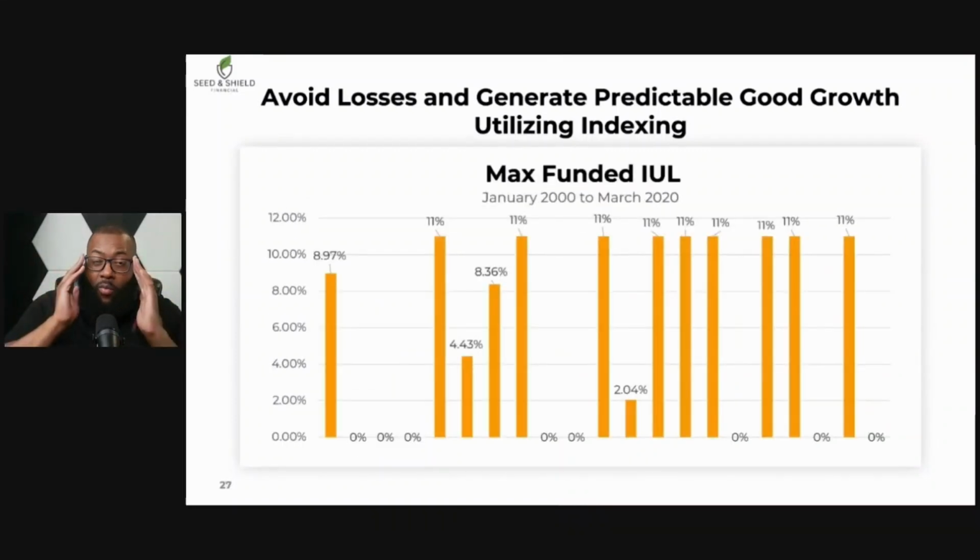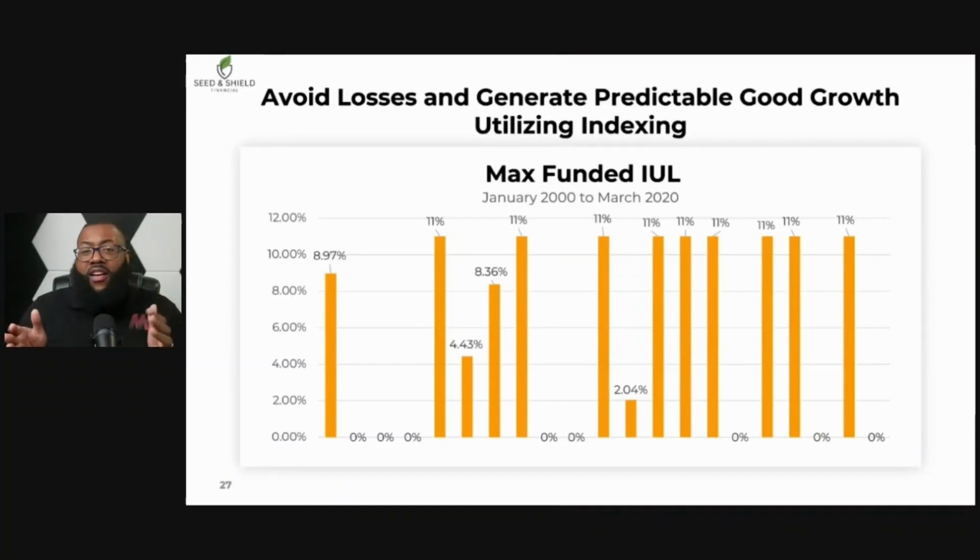Whereas if someone had put that money in 2000 in an IUL, and in this example, the same time period, we're using a hypothetical here that this person had an IUL with a cap rate of 11%. So let me quickly break down what a cap rate is.